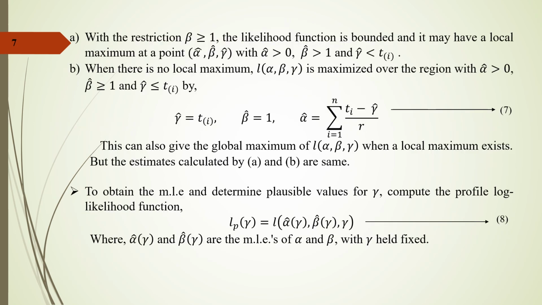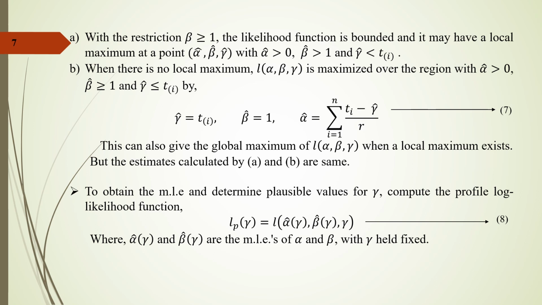If we consider the second condition, that is beta greater than or equal to 1, there are also two cases. The first case is that with a restriction beta greater than or equal to 1, the likelihood function is bounded and it may have a local maximum at a point alpha cap, beta cap, gamma cap with alpha cap greater than 0, beta cap greater than 1 and gamma cap less than t1.